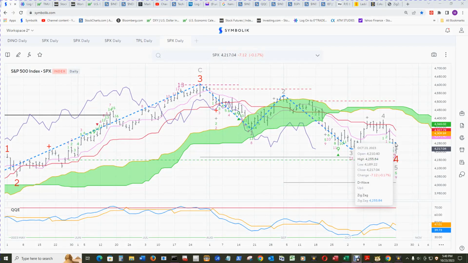Zigzag did not give us the swing point up here at the D wave, down wave 4 at that high. And I believe I have finally figured out why and what drives the ATR4 for zigzag.